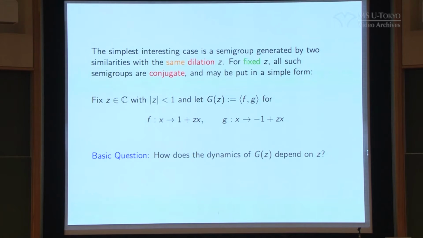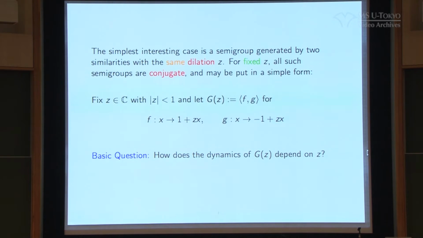They're centered at 2 different points. And up to conjugacy, you can take those 2 points and put one of them at 0 and the other one at 1, say. And then the only degree of freedom that's left is this single complex number z, the amount that you're dilating. So we're studying a class of very simple dynamical systems, 2 generator semigroups of similarities of the Euclidean plane, parameterized by a single complex number z of absolute value less than 1.